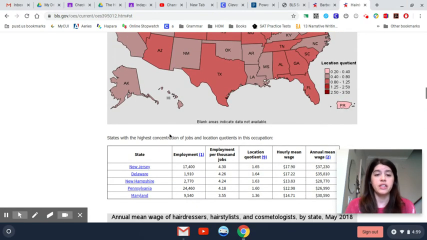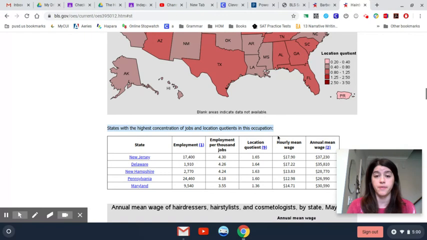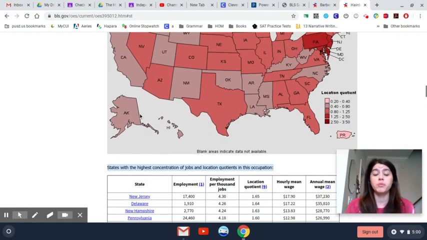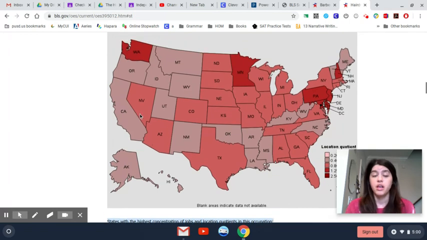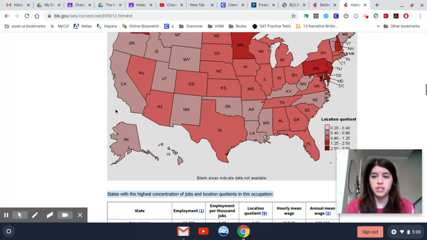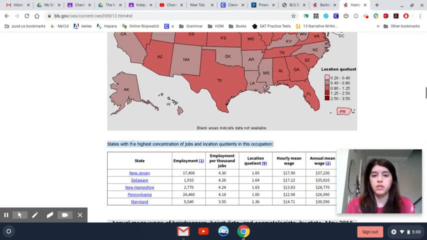So basically what this means is that it's states with the highest concentration of jobs and location quotients in this occupation. So as you can see, they're almost completely different states here. So California is on the lower end of the concentration of jobs.